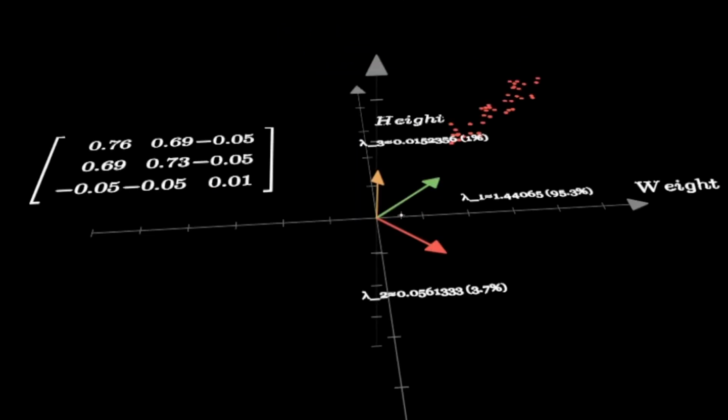We basically use the change of basis matrix, which we talked about in one of our previous videos, to convert these coordinates from the original coordinate system into a new coordinate system defined by these two eigenvectors as the basis vectors, and project these points onto the new coordinate system, so that we have a new system altogether defined by only these two dimensions which capture 99% of the original information.